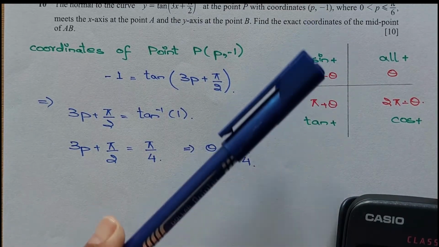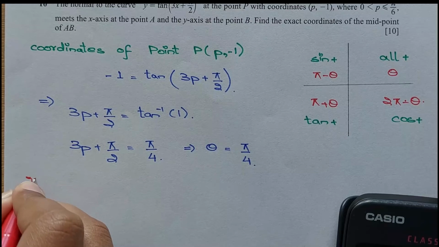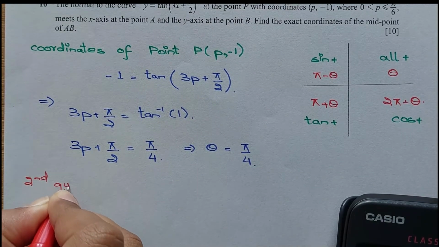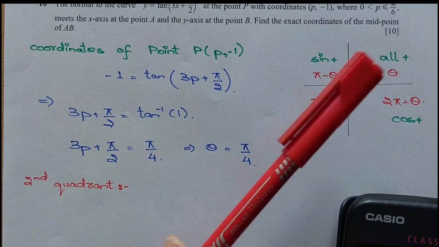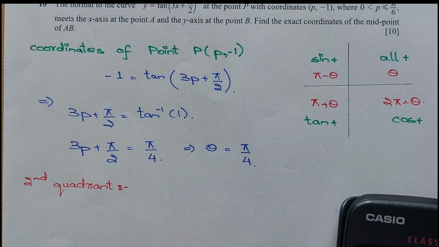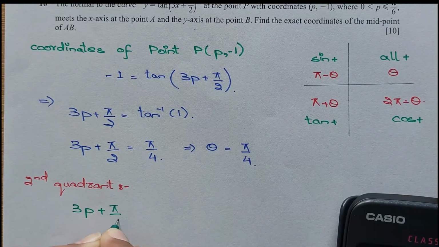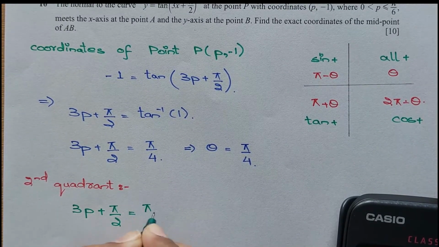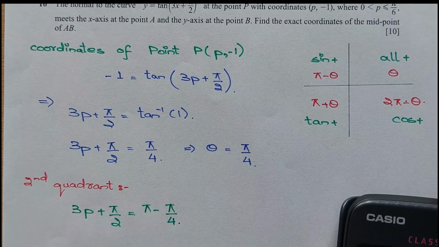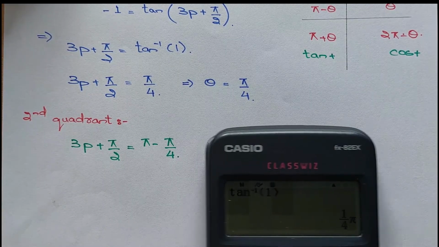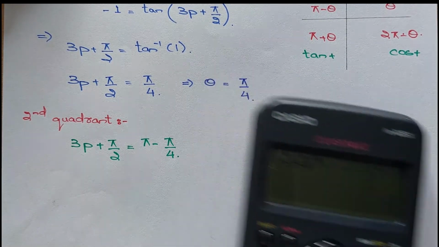Now tangent is negative in the second and fourth. So let me solve for the second quadrant. We have pi minus theta. So we need to do 3p plus pi by 2 equals pi minus pi by 4. So 1 minus 1 by 4 is just 3 pi by 4.